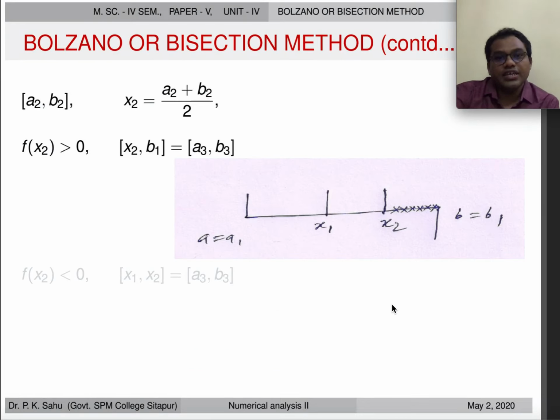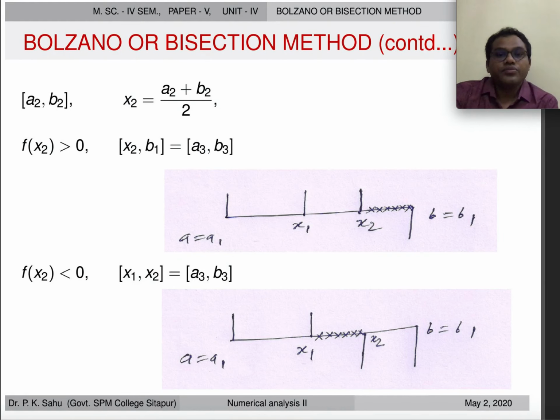Now in the next case, whether f(x2) is greater than 0 or less than 0, the new interval is x2 b1 or x1 x2. X2 is the midpoint of x1 and b1, so the length of the interval is half of the length of the interval in the previous case, and it is 1 by 2 squared of the length of the original interval a1 b1. Either this case or this case, its length is 1 by 2 squared of the length of the original interval.